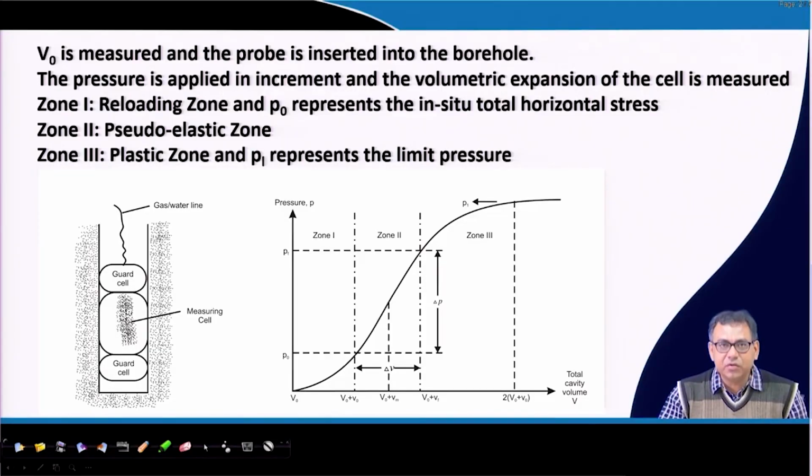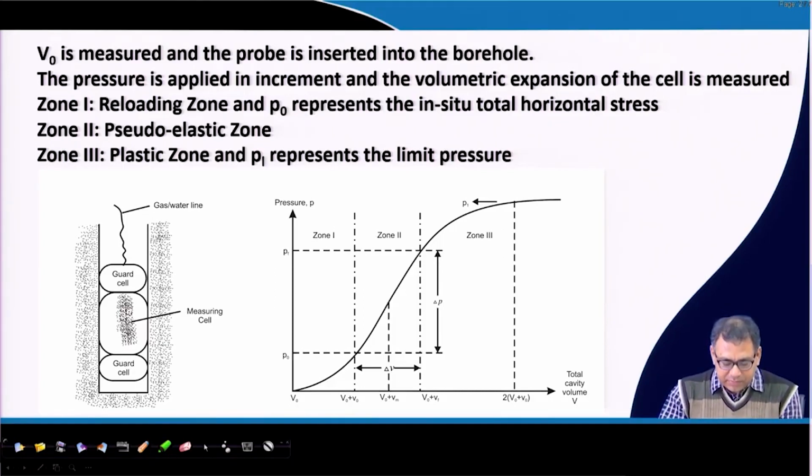We identify these two points, and the corresponding volume is V0 plus small v0, and the corresponding pressure is P0. That means to reach this point the volume change is small v0. Then for the other point, the corresponding pressure is Pf and the corresponding volume is capital V0 plus small vf. So, the volume change is small vf to reach this Pf, and the middle point is V0 plus Vn.